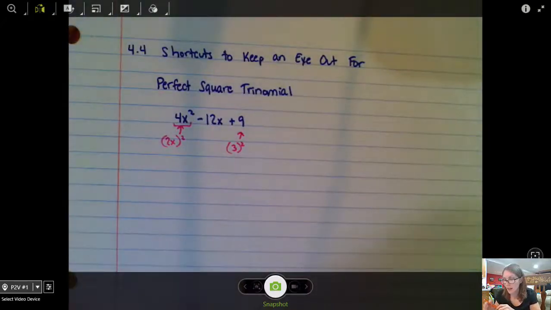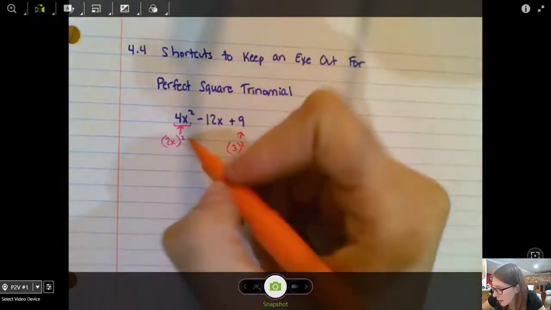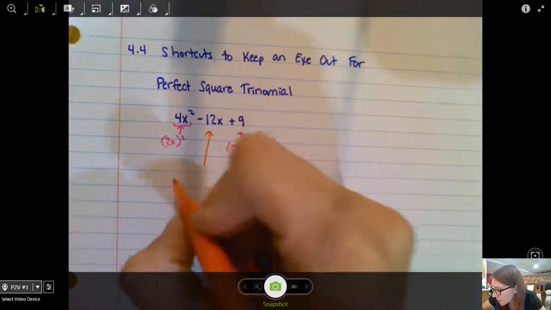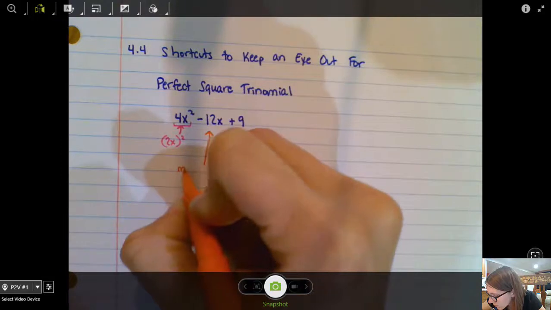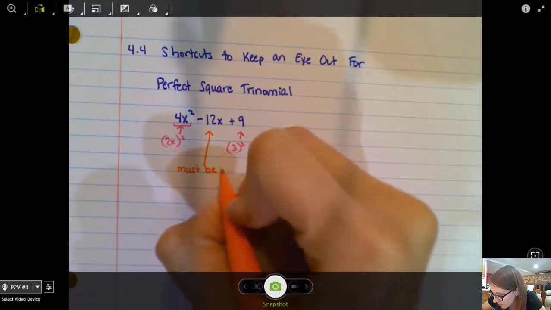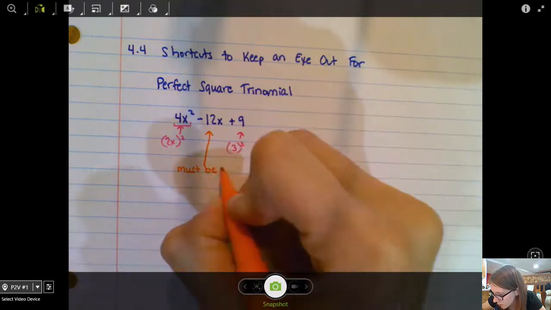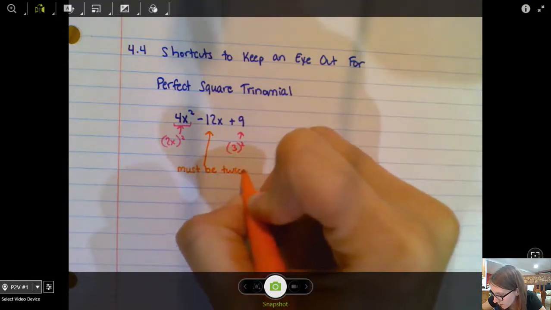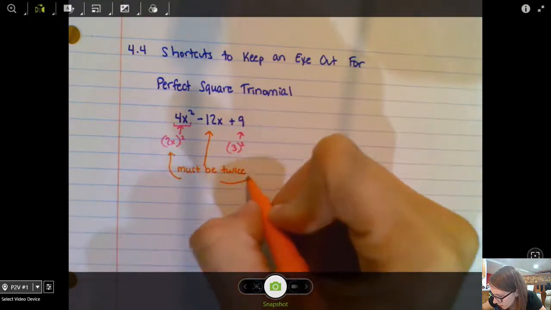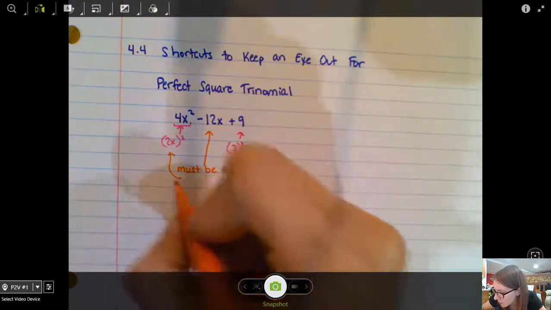My second thing to look for is that this b value must be twice these guys multiplied together.